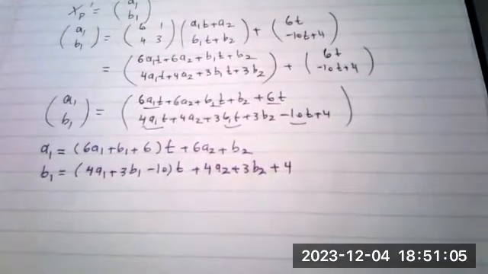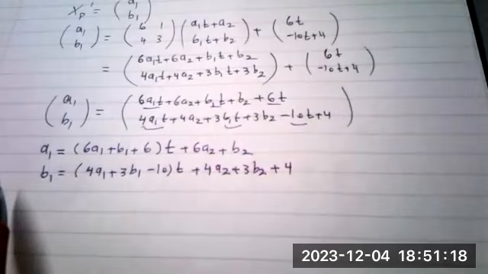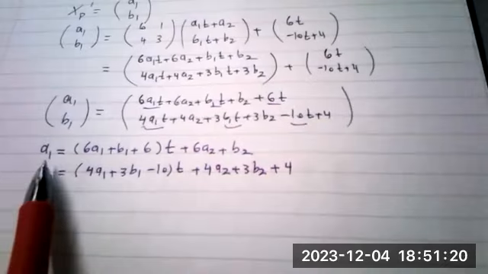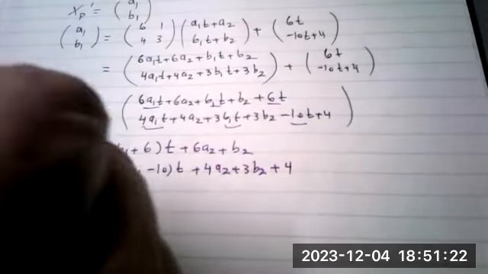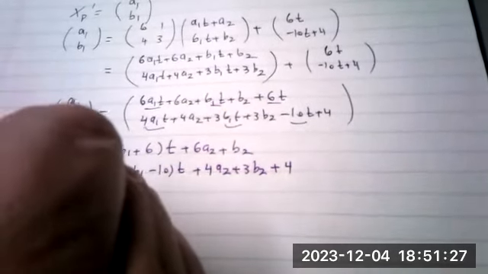Okay, so we let the entries be equal to each other. Now we're going to use the fact that the polynomials are equal. You see the first one over here, the one to the left. There is no t, so the coefficient of t is considered to be 0. You can think about this one as 0 plus t. You don't need it, just to remind you.